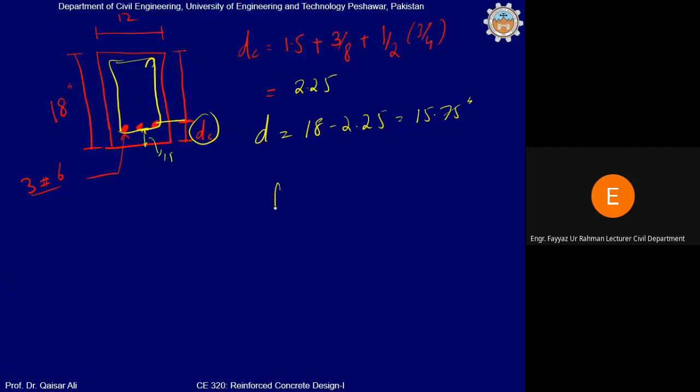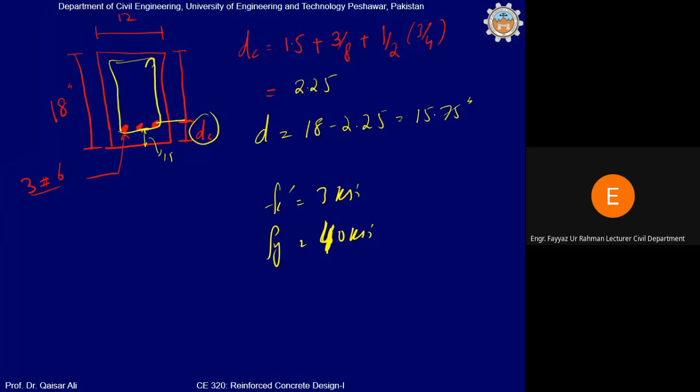And now if Fc prime in this case is equal to 3 KSI, and Fy is equal to 60 KSI, or for example 40 KSI. So we are using grade 60 steel, and the concrete compressive strength is 3 KSI. These are the geometric and material properties of the section.